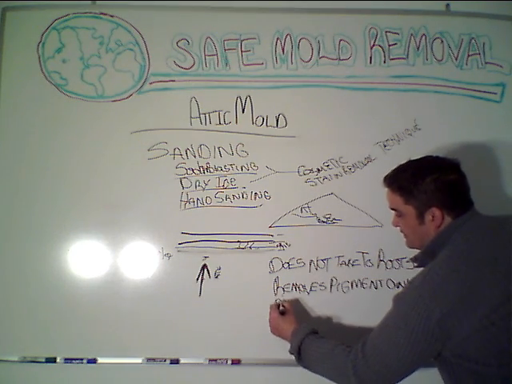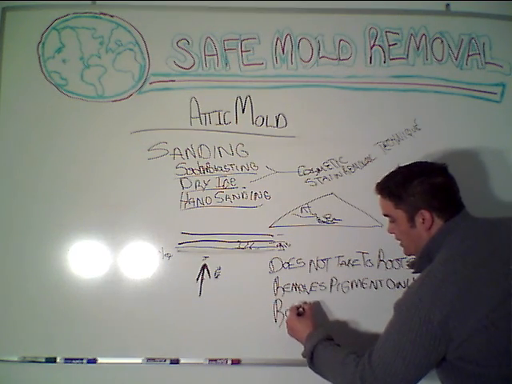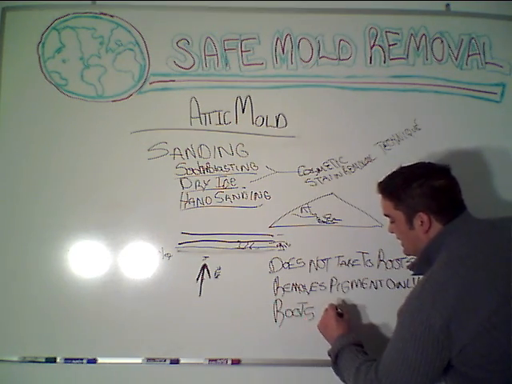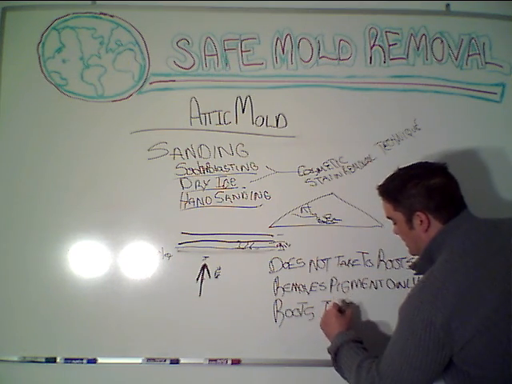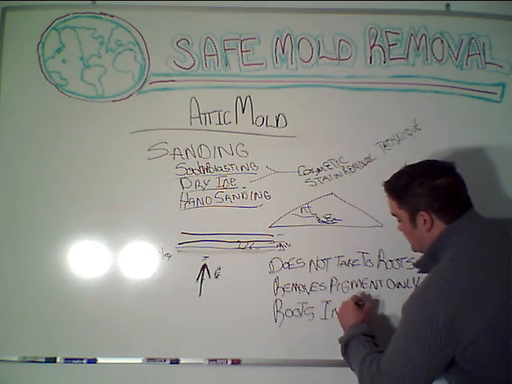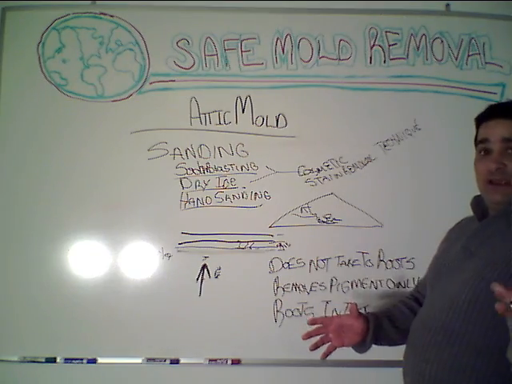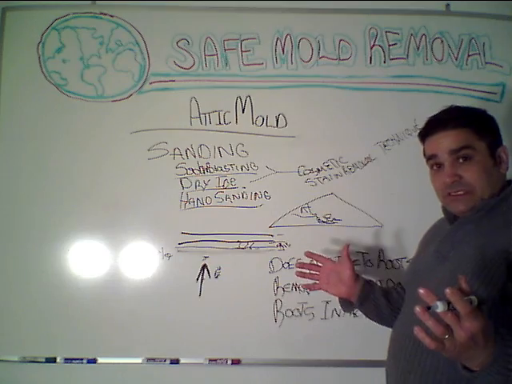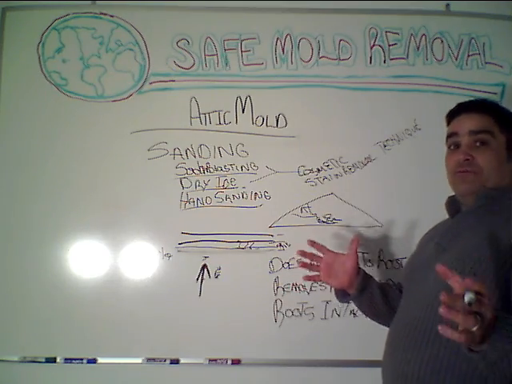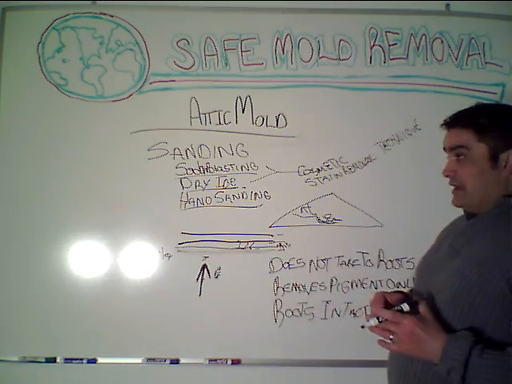And that means it leaves the roots of the mold intact. And leaving the roots intact means leaving the mold problem. Because folks, it's the roots that are the real body of the mold organism.